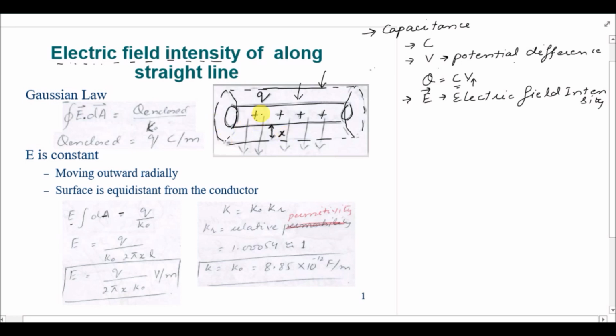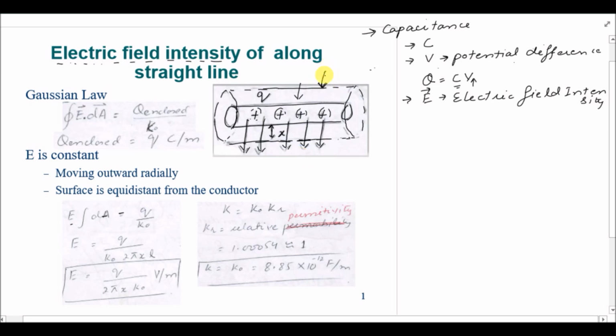As the charge is displaced over the conductor, the electric field lines are radially outward, so the electric field value will be constant at this surface. So what is this surface?